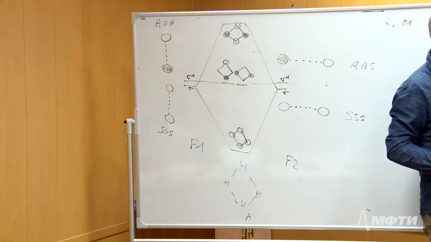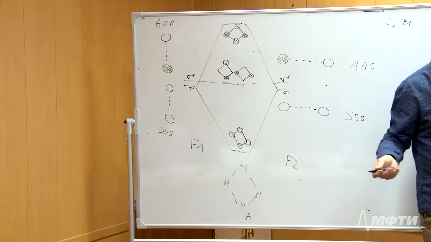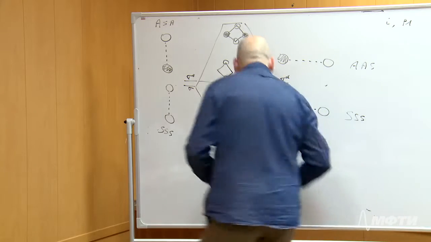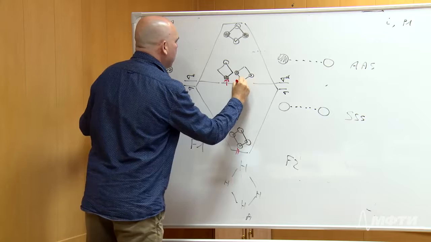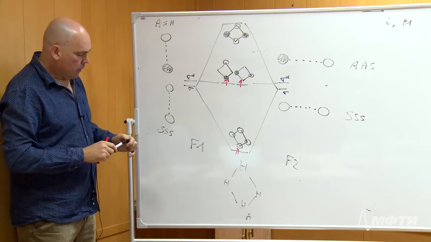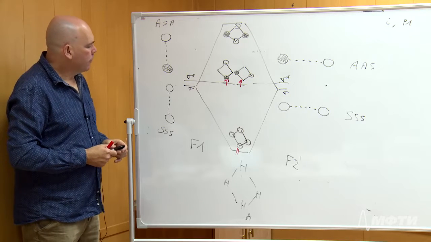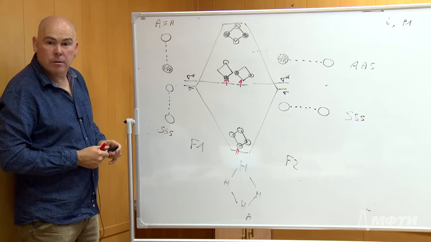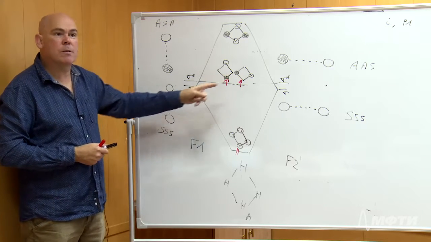How many pi electrons in C4H4? 4. Okay. So 4 electrons. 1, 2, 3, and 4. You see that in this case, we should have what we call a biradical system with 2 unpaired electrons.